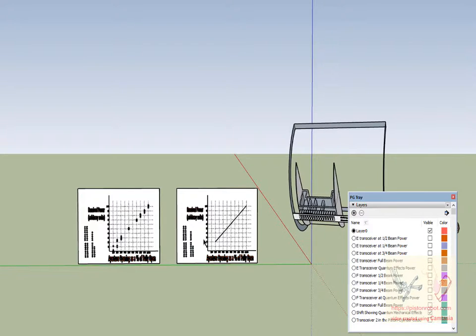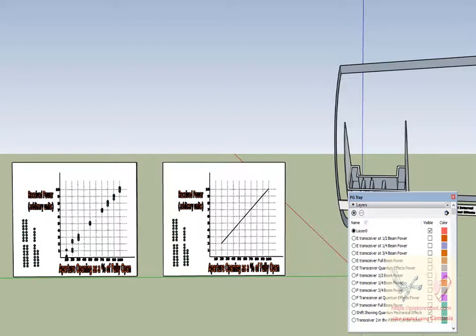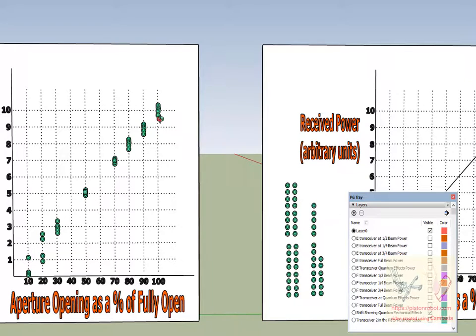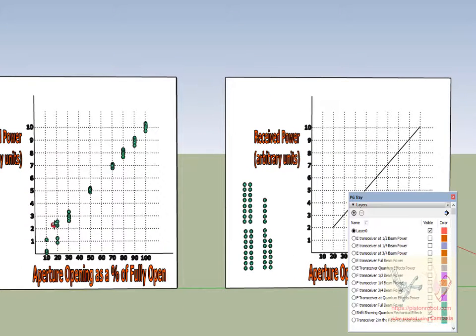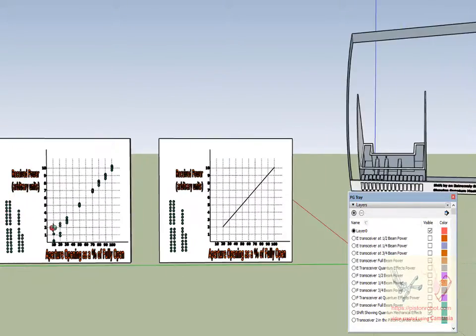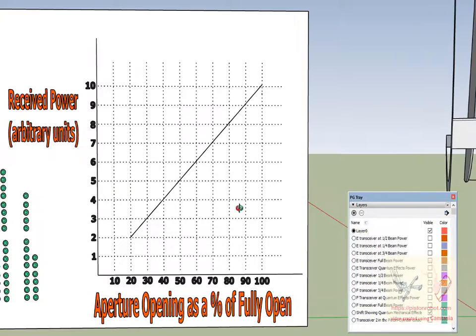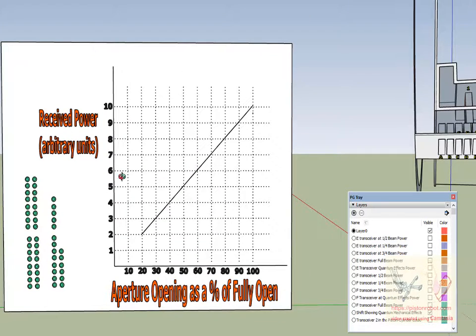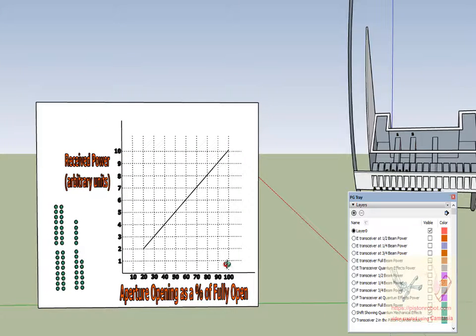All right, everybody, welcome back again, and let's see where we are here now. We took values for received power and we plotted them on this graph, and we got the standard deviation, and we generated this central processing unit algorithm or protocol where the central processing unit of the robot would be able to take a value of received power, say 6, and convert it into a percent of aperture opening.